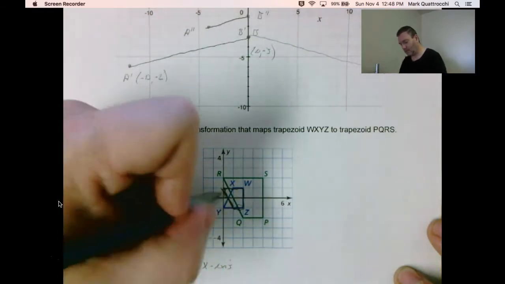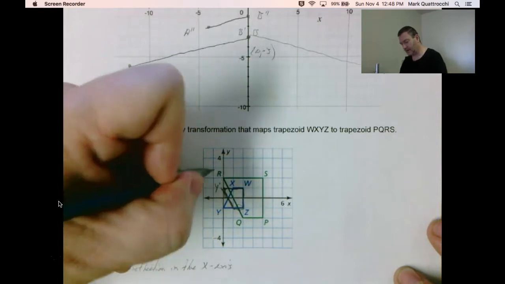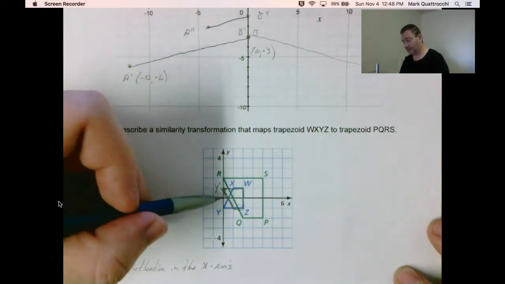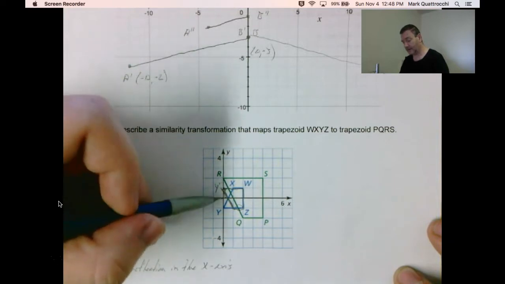I need to get Y prime to R, which would be equal to the Y double prime. So to do that, I'm going to multiply by 2. I have a length of 1. I need a length of 2.